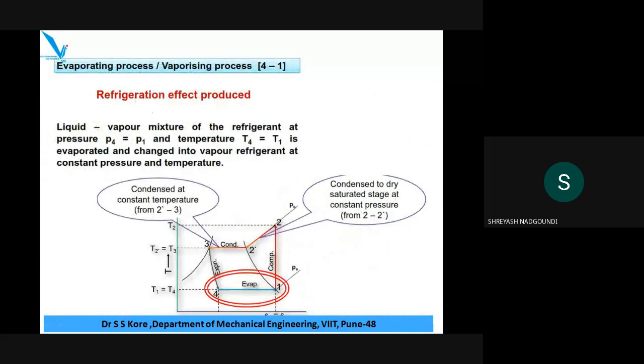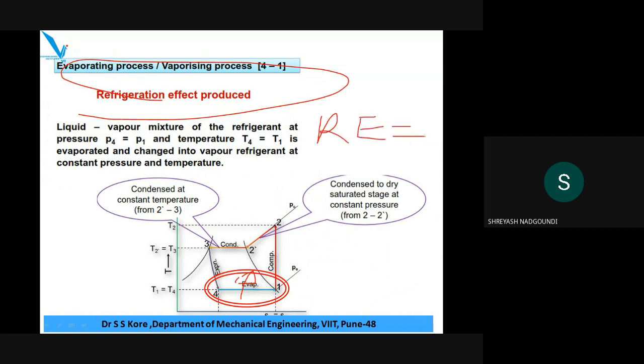Now the last process is the evaporation process. In the evaporation process, that is 4 to 1, the heat is absorbed by the refrigerant and we are getting the cooling effect, or the refrigerating effect RE. So RE is equal to the change in enthalpy across the evaporator, which is H1 minus H4 or H1 minus HF4. At point 4, the working medium is in the liquid condition.